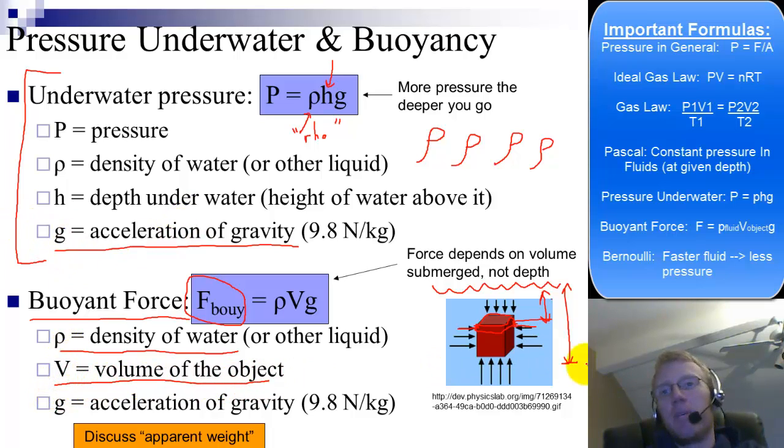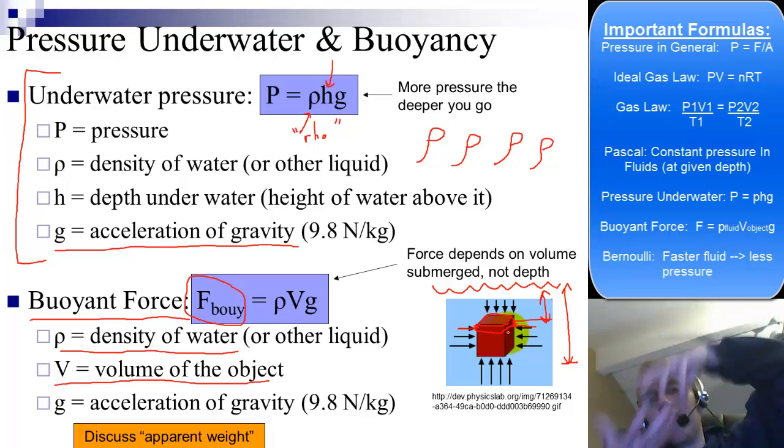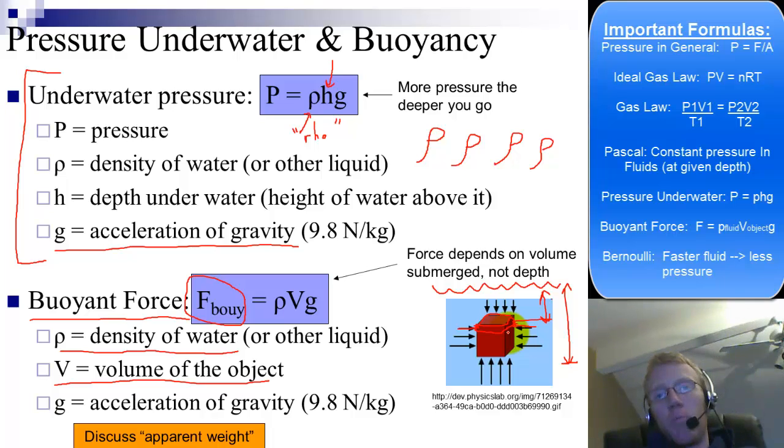Well, if you have a bigger volume, one thing is the bottom and the top will have a larger distance between them, which means the difference in pressure will be higher, which means there'll be a bigger force. Also, the bigger the surface on top is, the more force there'll be, because at a given pressure, if you increase the surface area, you increase the force.